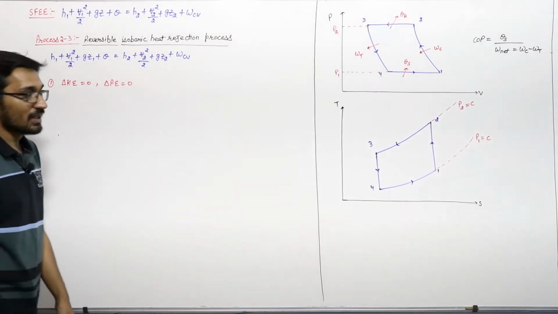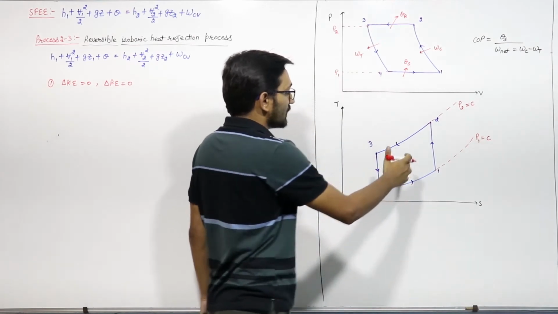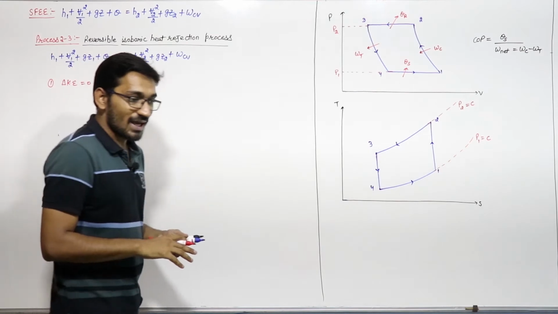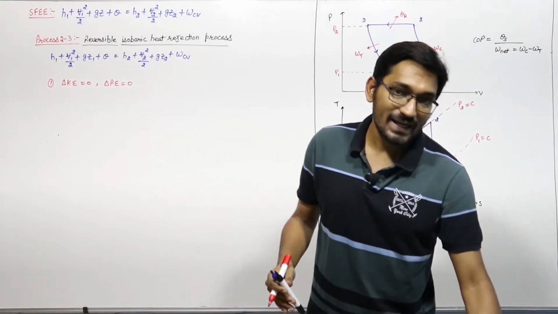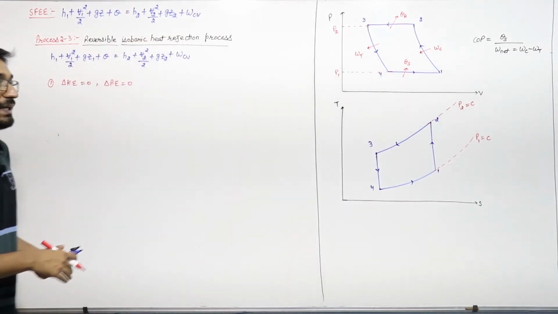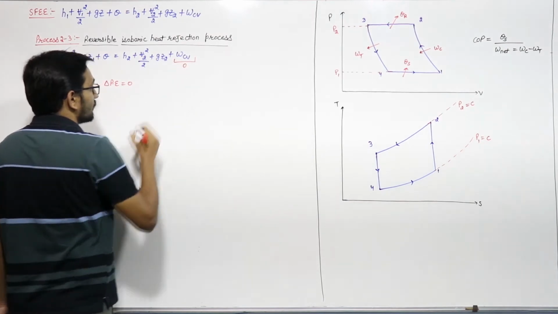If we assume this, and you know that this process 2 to 3 and this process 4 to 1, they are done in the heat exchanger. And in the heat exchanger, we don't want any work from that. So this WCV is 0.